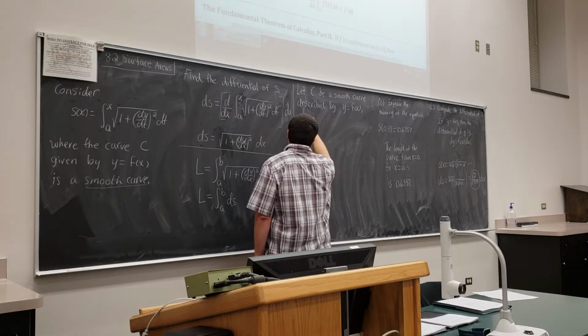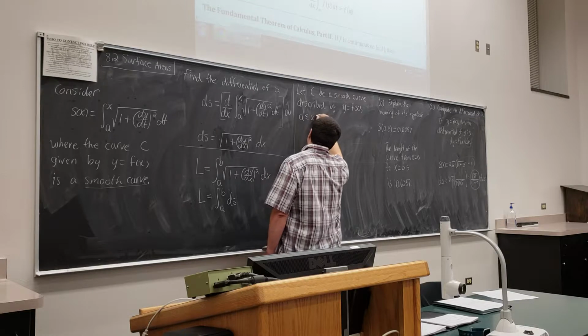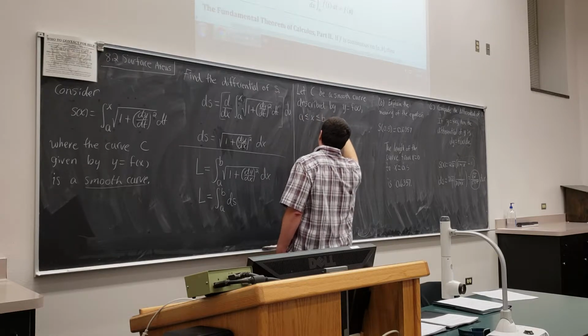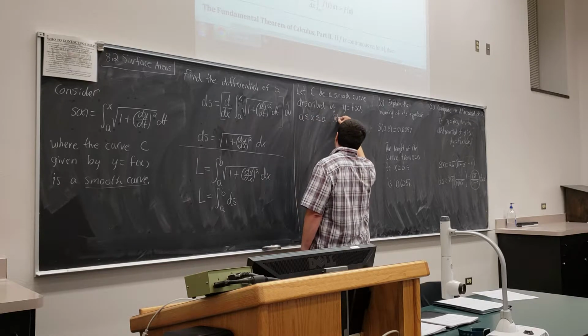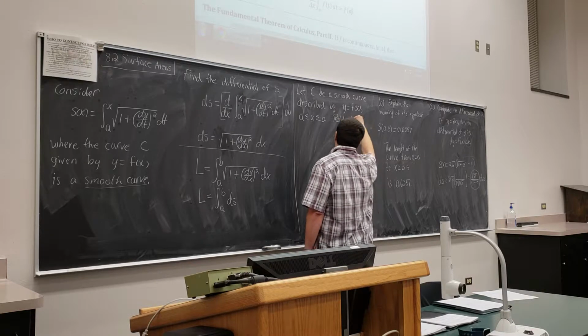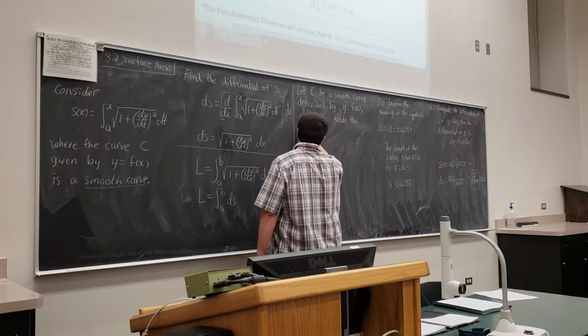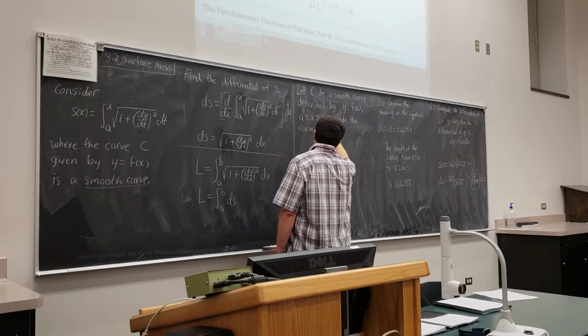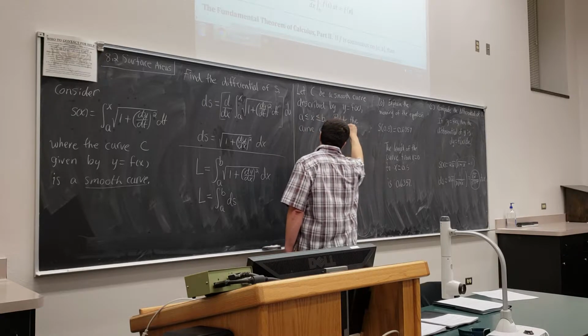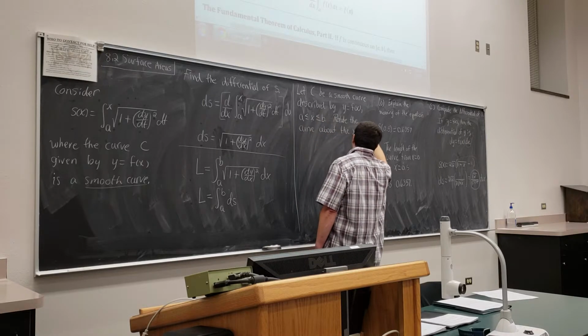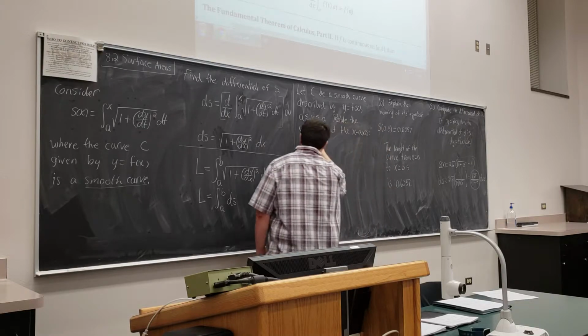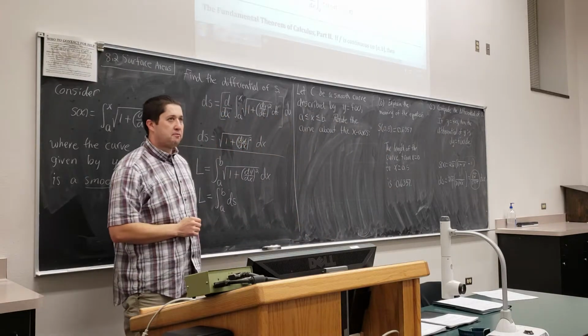And we also have a is less than or equal to x is less than or equal to b. Then we want to rotate the curve about the x-axis. When we do that, we're going to generate a surface.